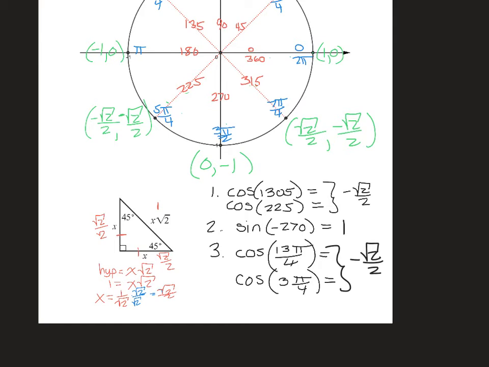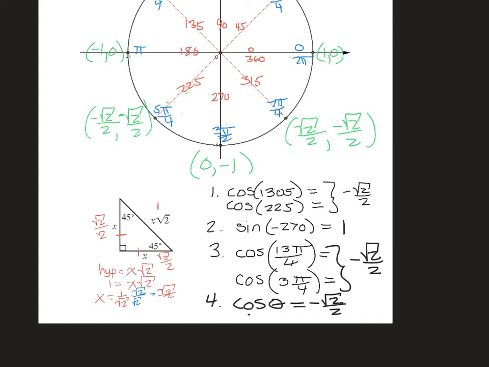And finally, let's do a little basic equation. If I said the cosine of theta equals negative square root of 2 over 2, what is theta? Well, I would have to bound that in some way because there's an infinite solution set to this. But typically you'll see a problem saying what is theta between 0 and 360 degrees.